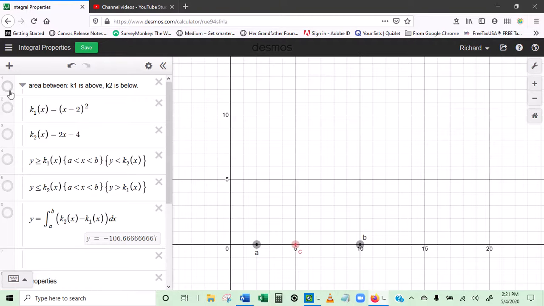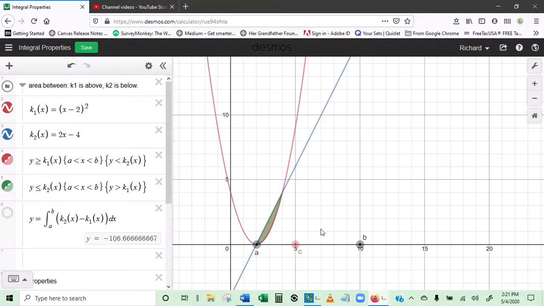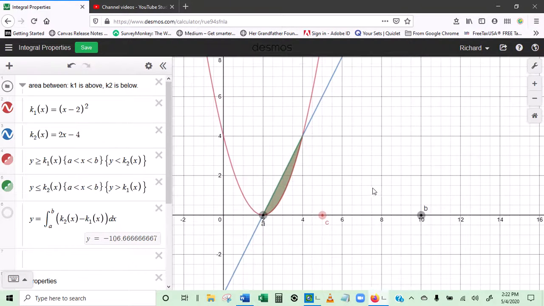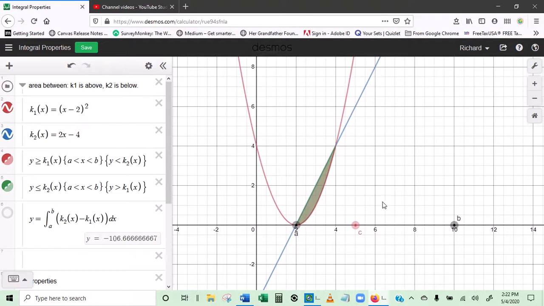We're going to show you these two curves. Here's k1 of x, which is the parabola, x minus 2 quantity squared. And then there's k2 of x, which is the linear equation 2x minus 4. What I've shaded in is the area between the two curves.